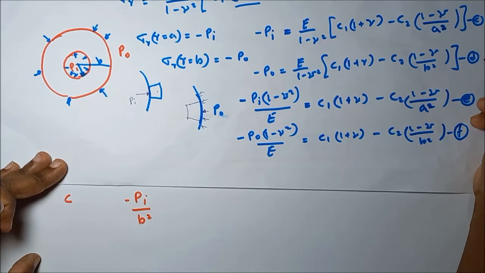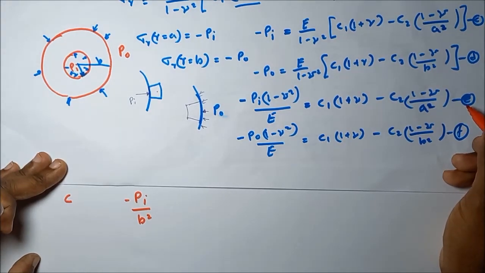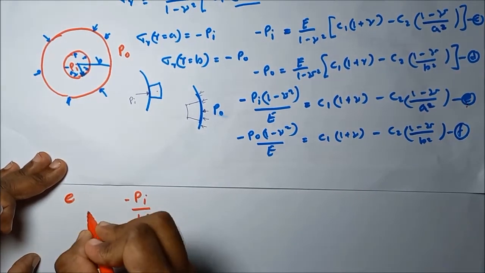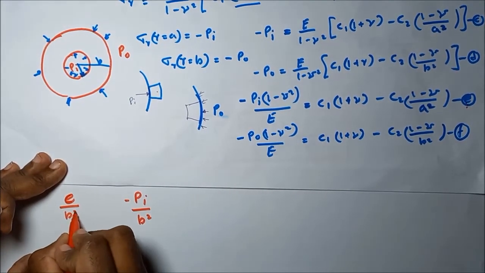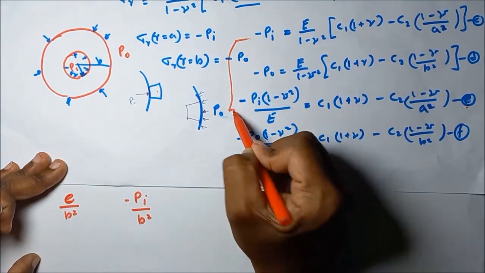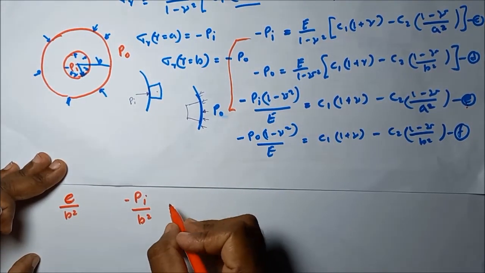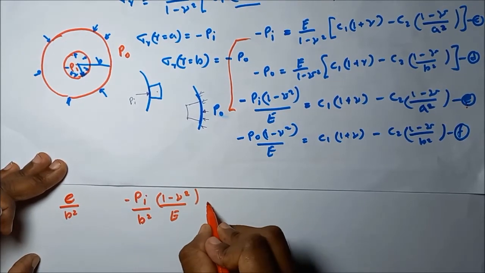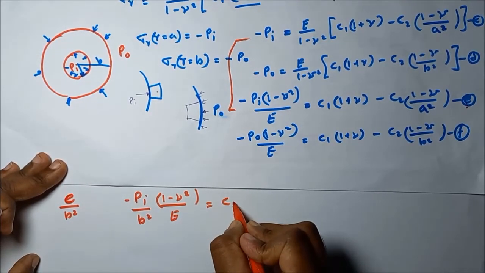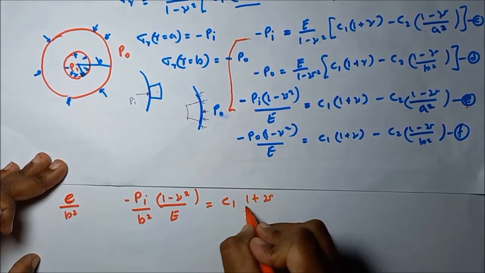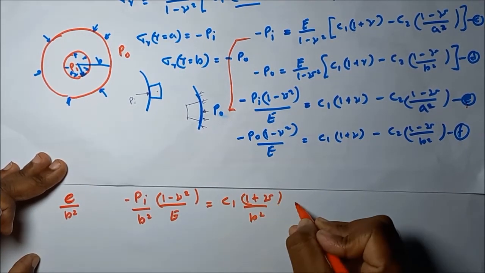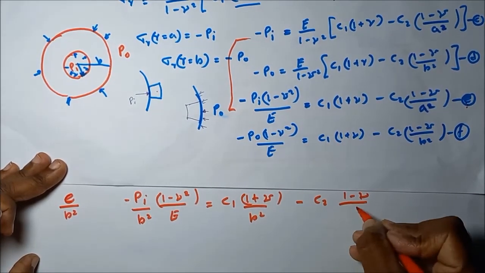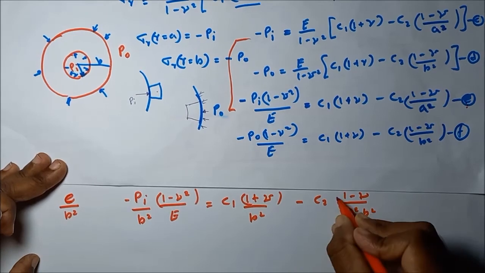Let's take this equation, E divided by b square: Pi (1 minus nu square) divided by E is equal to C1 (1 plus nu) divided by b square minus C2 (1 minus nu) divided by a square b square.